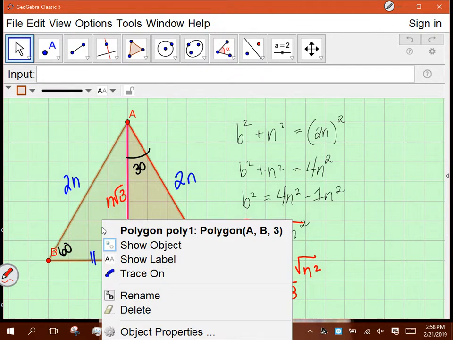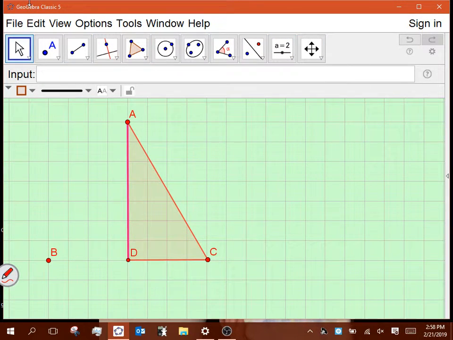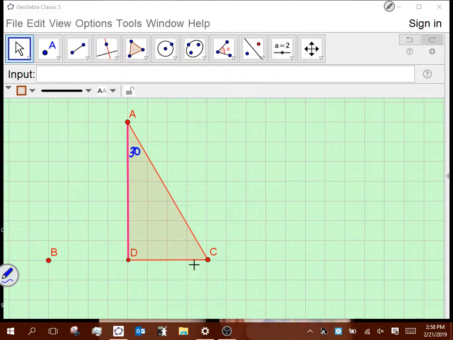Let's see here. If we have a 30, 60, 90 triangle, so this angle here was 30, this was 60, that was 90. This is all in our template. That's always 2n, that's always n, and that's always n radical 3, right?